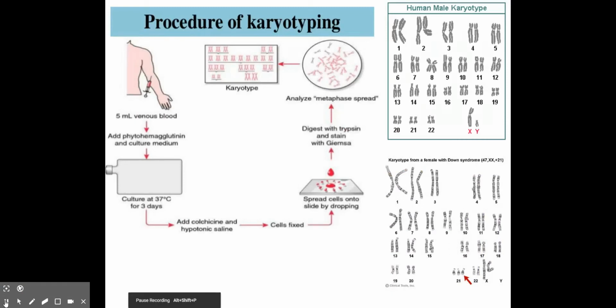Here's the procedure of karyotyping, just in case you're curious. And so it would involve taking a blood sample and then culturing it in the lab for a few days, adding some chemicals to fix the cells onto a slide, and then adding some stain to them so that you can actually see the DNA. And again, this would be the metaphase spread. So during cell division, that's when the chromosomes are all coiled like this and easy to see.